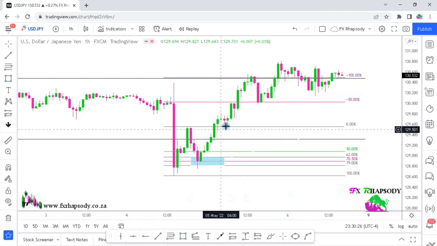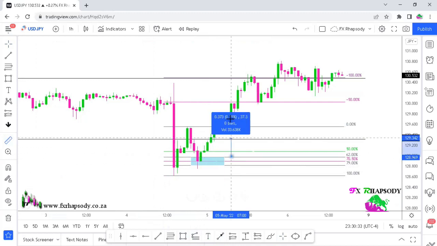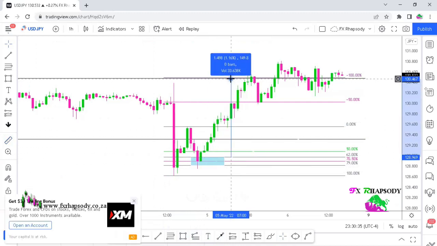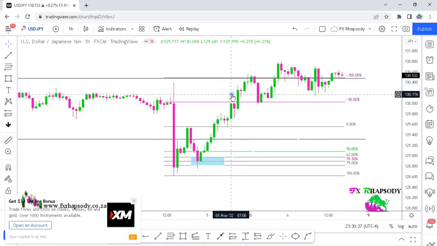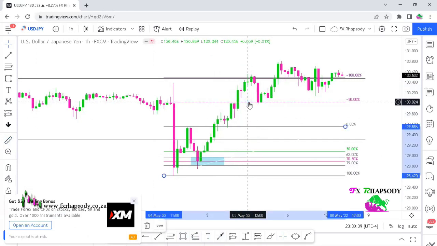And look at that, boom, hitting our third take profit. That was a very nice little trade. I just wanted to show you the amount of pips that you could have caught. It's 150 pips odd.